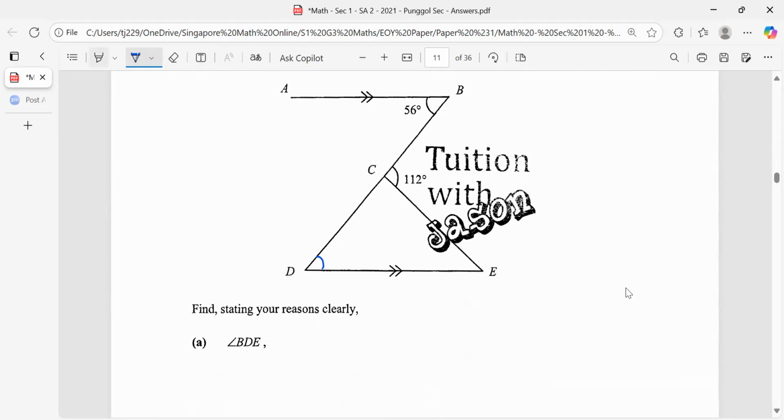And you will realize that this angle here is quite near to one of the parallel lines. Yeah, and you realize that we can easily find it through alternate angle. So angle BDE is equals to 56 degrees, alternate angle, and is due to AB being parallel to DE.